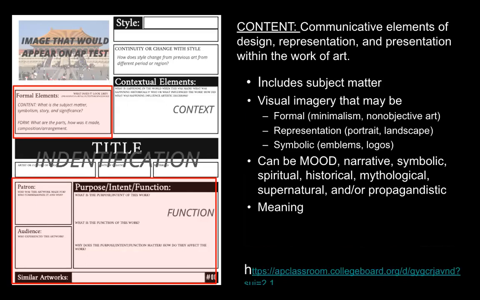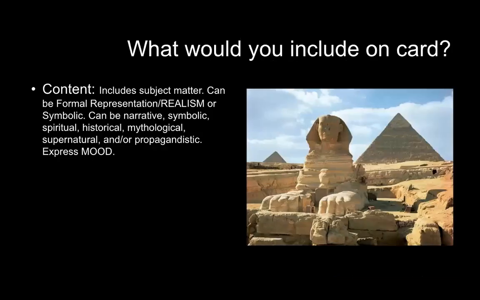So the content is going to be things like, what does it mean? What does it express? So we were just talking about how it expresses power, right? That's going to be something that's content based. It also is interconnected with its function and who it was made for. And so sometimes those things are visually there. So, who was this made for?